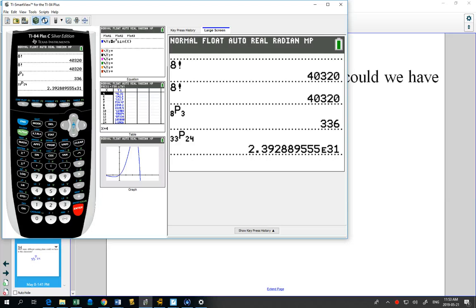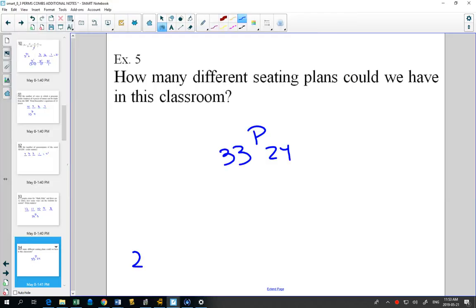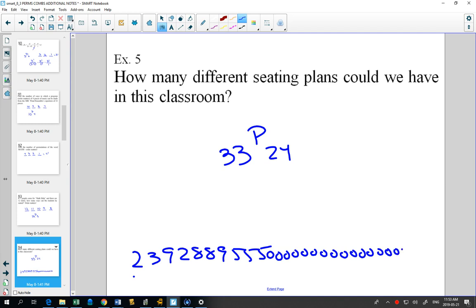So if we write out this number, 2392, 889, 555, and then I don't know the rest of the numbers, but it was E to the 31. So 1, 2, 3, 4, 5, 6, 7, 8, 9, 10, 11, 12, 13, 14, 15, 16, 17, 18, 19, 20, 21, 22, 23, 24, 25, 26, 27, 28, 29, 30. Whew. There. That would be how many seating plans are possible.